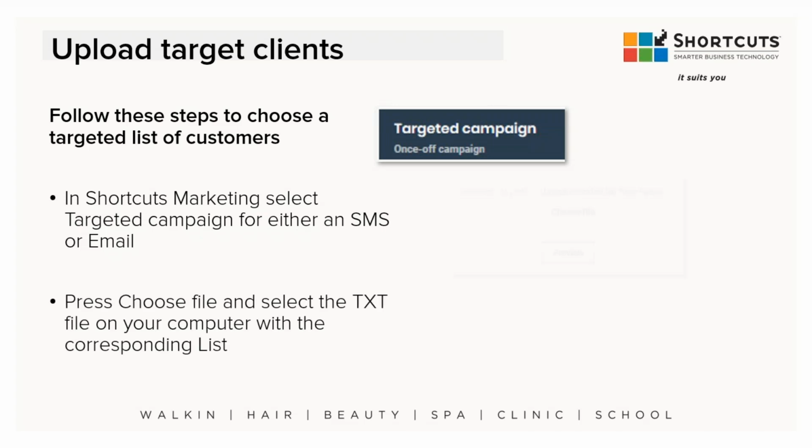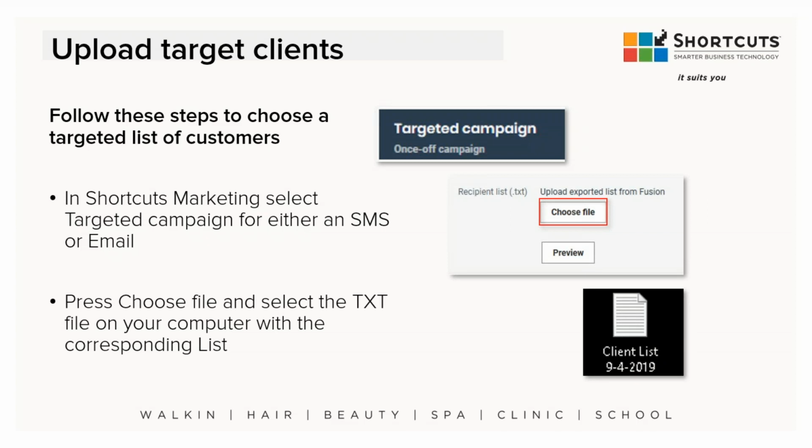Shortcuts will save a specific list of customers. It will include anybody that has opted in to receive a campaign, and then you will upload this list. Whether it's an SMS or an email, you're going to choose your file and select the appropriate text file.